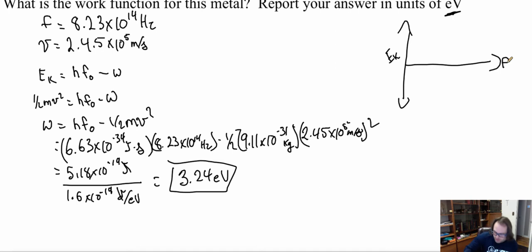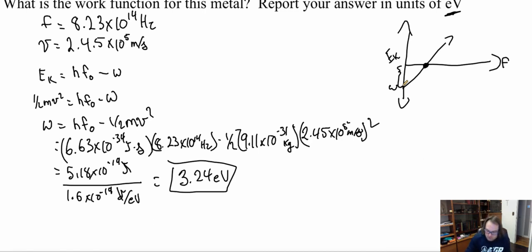Now, over here we have my y-intercept, which is my work function of the metal. And this right here is the frequency which we need to eject anything. So anything up to the work function is the energy level needed to eject an electron.